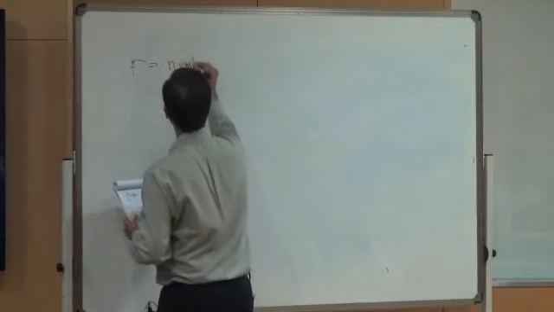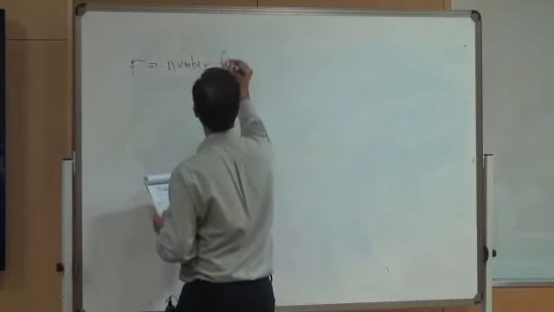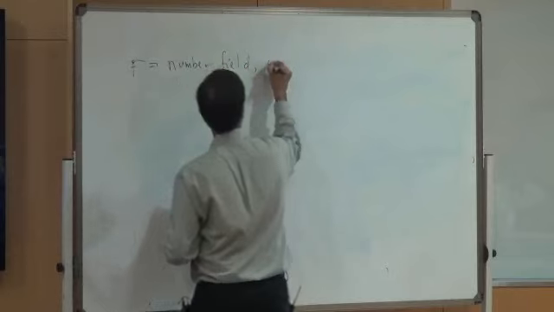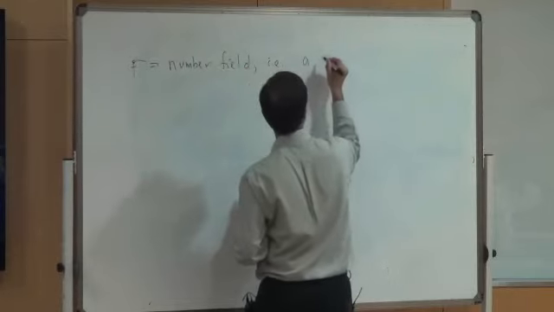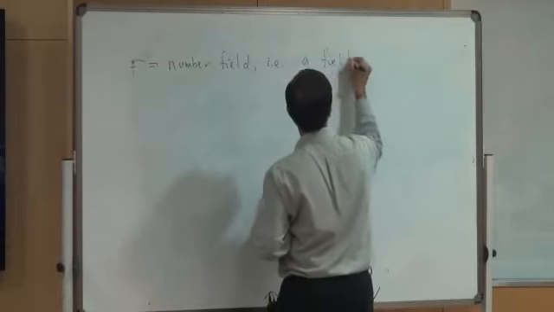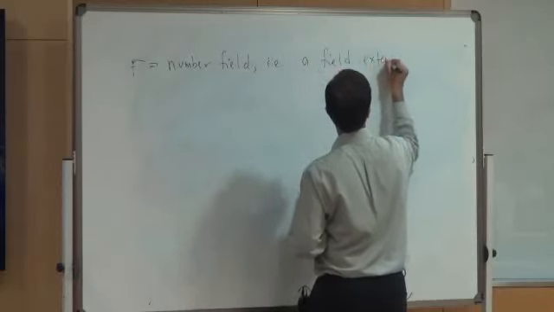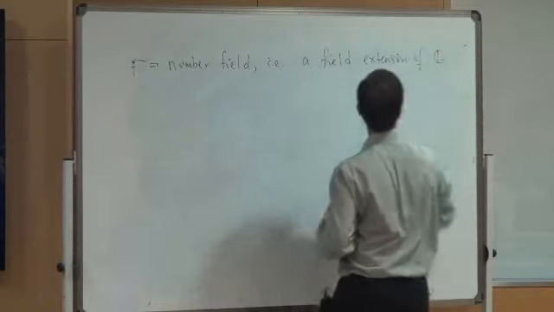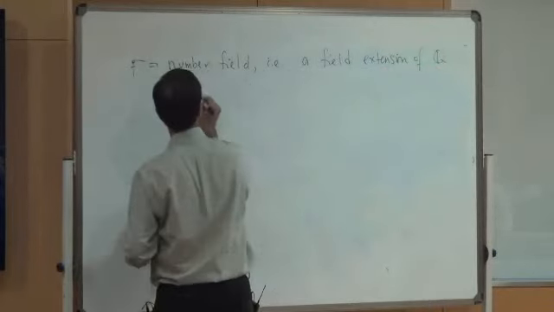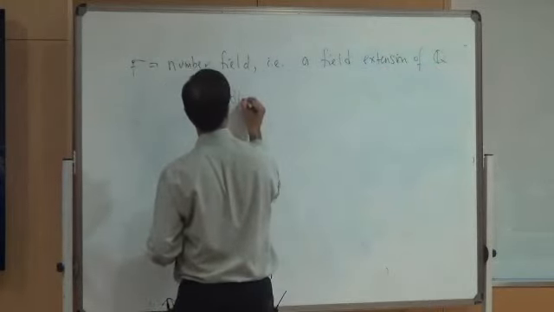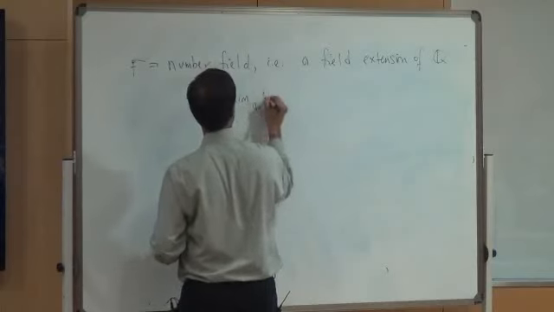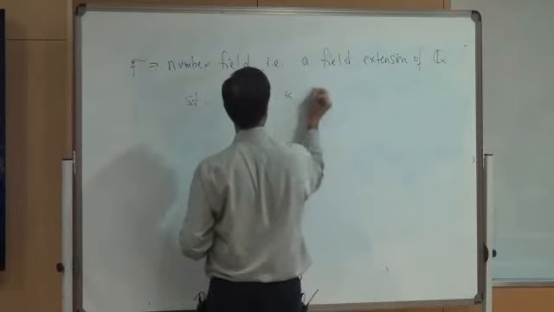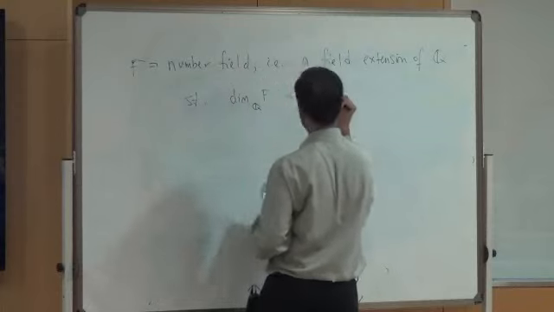By a number field, I mean a field extension of Q, the field of rational numbers, such that the dimension of F as a vector space over Q is finite. Okay, so that's a number field.